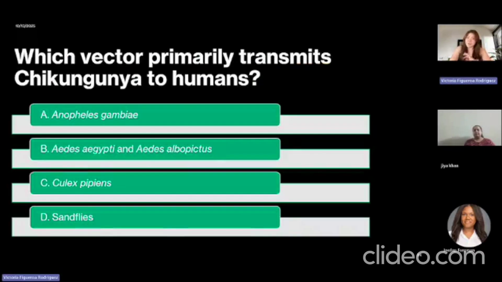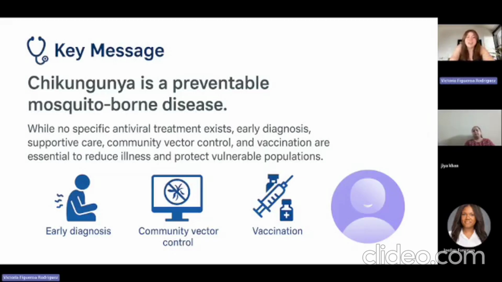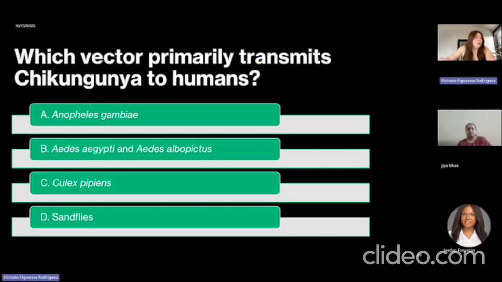So we have some multiple choice questions, and I'm going to discuss them. Which vector primarily transmits chikungunya to humans? We should know the answer by now. The first one, Anopheles gambiae, is actually for malaria, not for chikungunya.